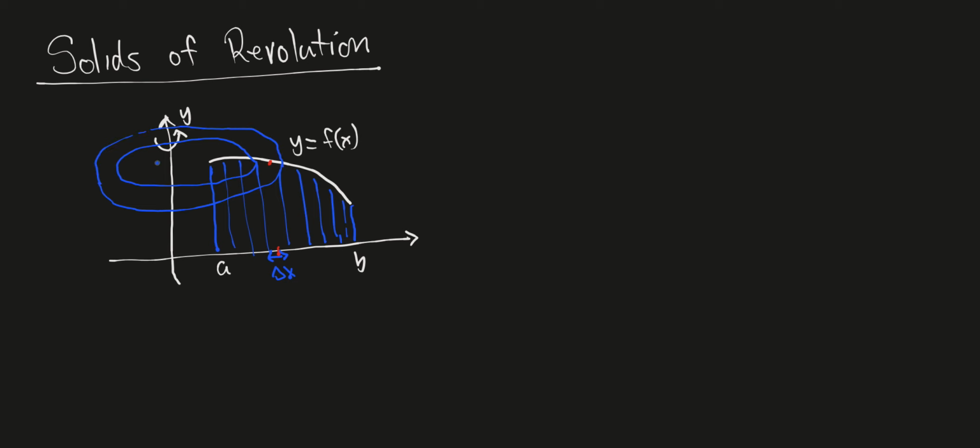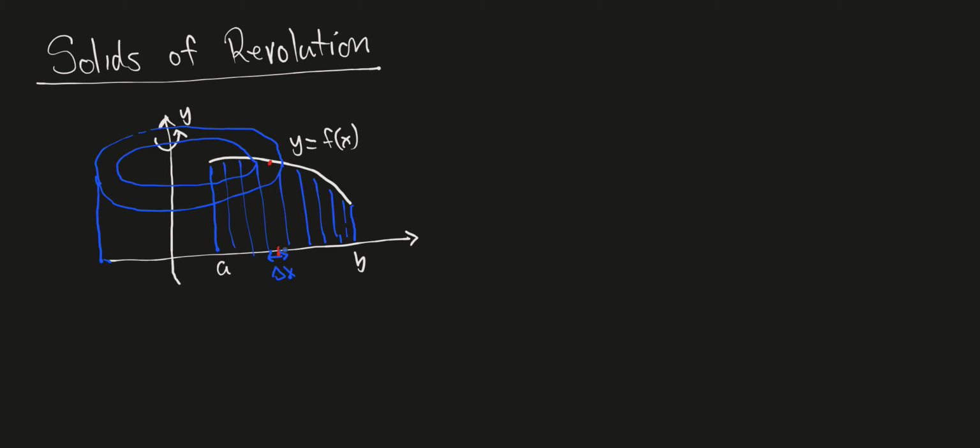It is going to be hollow in the middle. And then, of course, there is going to be some height to it because it's going down to the x-axis. So just one of these things is almost like a hollowed out shell, going all the way around the y-axis.